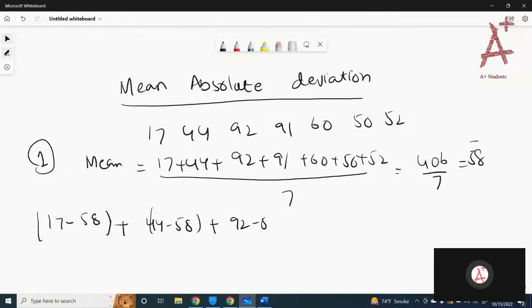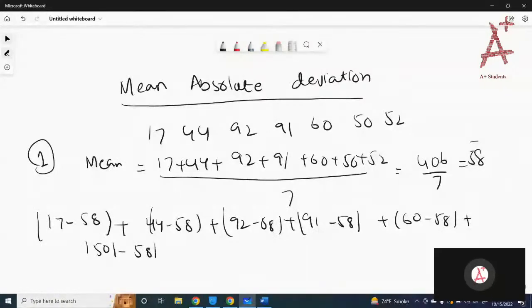Then 92 minus 58. Then 91 minus 58. Then 60 minus 58. Then 50 minus 58, and 52 minus 58. Just solve them all and add them. Got it? So let me write down the values.